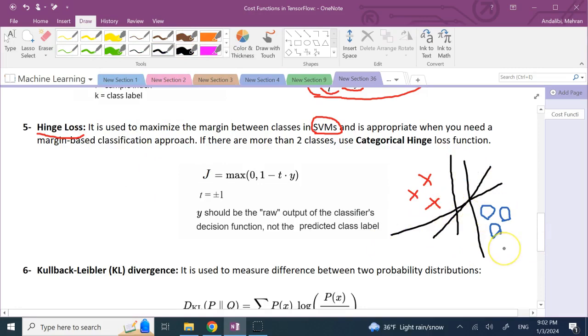All of them can separate these 2 classes, right? But which one of them will give the maximum gap, or is exactly in between the 2? Then that's the job of support vector machines, which come and say probably this one.